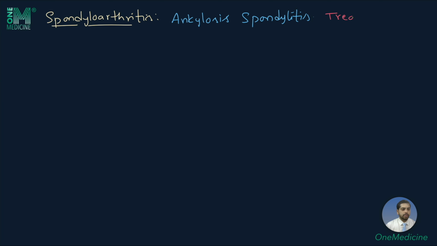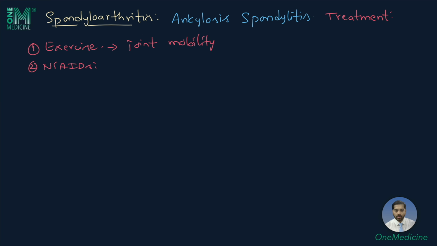Now let's look at the treatment of ankylosing spondylitis. Exercise is of utmost importance to maintain joint mobility and flexibility. NSAIDs are first-line pharmacological treatment and they provide good relief from symptoms.